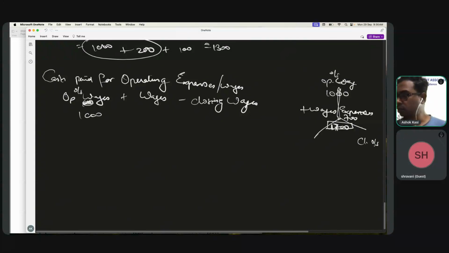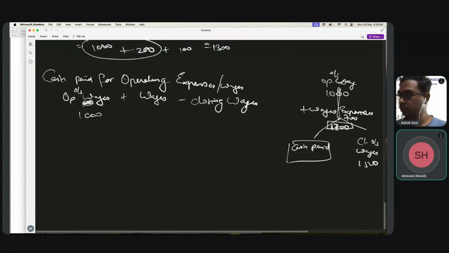Closing outstanding wages will be, let's say, 1500. So cash paid as wages, 200. This is wages expenses, 700.